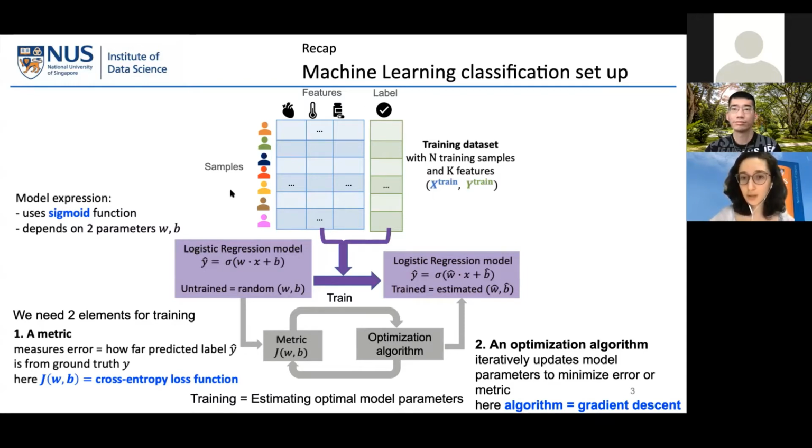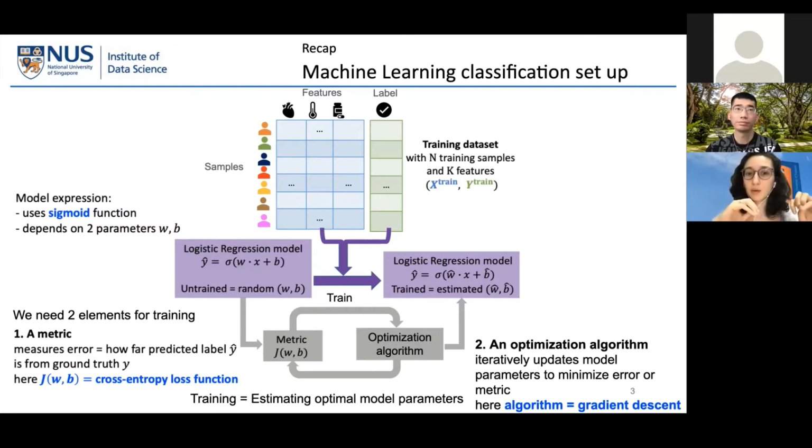We have a training set, which is composed of X-train, an observation table of different samples, like different patients, for instance, described by a range of features: heart rate, temperature, medication taken, etc. And for those samples we also have Y-train, the observed target output variable that we would like to predict. In this workshop, we focus on binary classification problems.